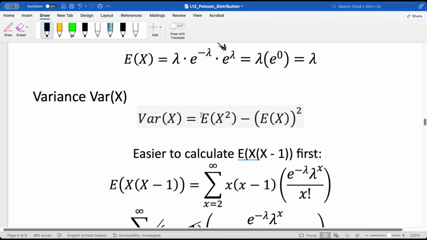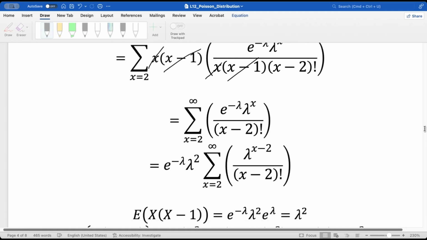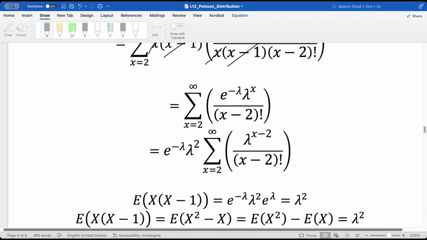Now we have to do a little extra work because we have to get the formula for the variance. So we know that the expected value of x times x minus 1 is lambda squared. Multiplying that through, we get the expected value of x squared minus x. Now, the expected value we can apply to each term individually. It's the expected value of x squared minus E of x, and that is equal to lambda squared.